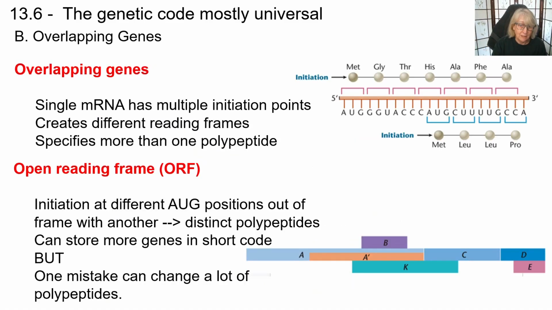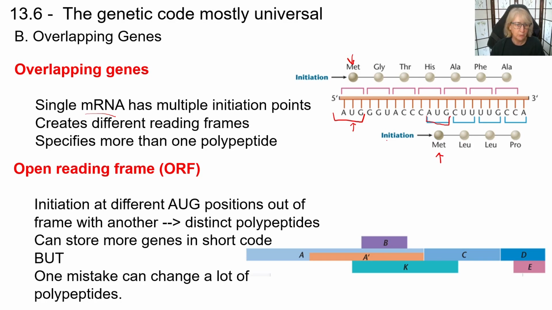In bacteria, we have a case where sometimes we can find genes that overlap. Not in eukaryotes. In bacteria, we can have a single mRNA, and it might have start points at various spots. There is more than one polypeptide coded on this gene. The difference between this polypeptide and this polypeptide is just which AUG the bacteria's enzymes choose to start the process at.